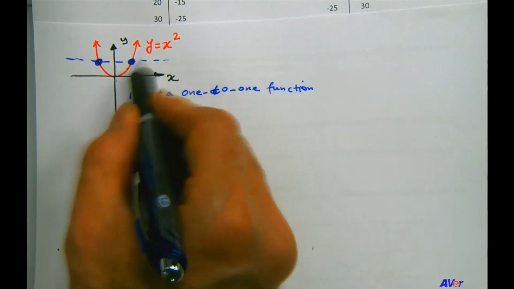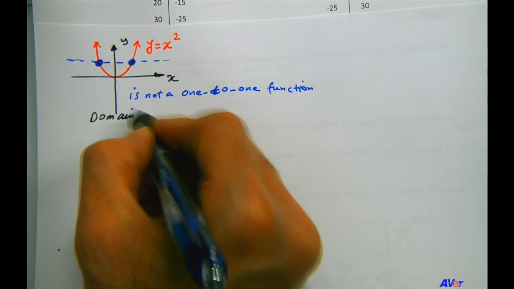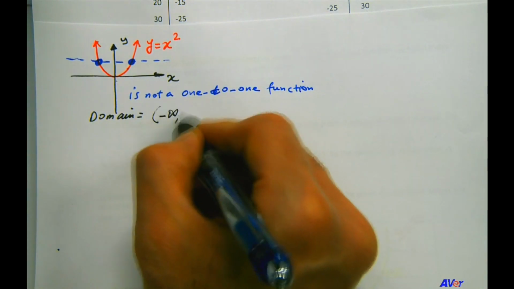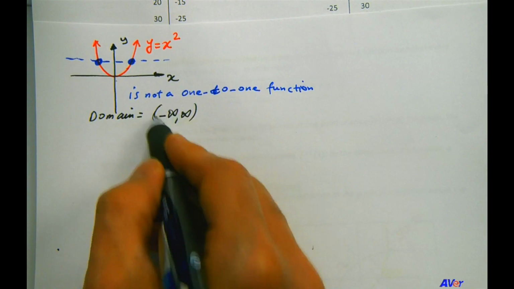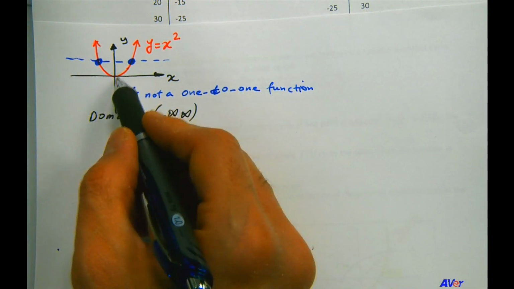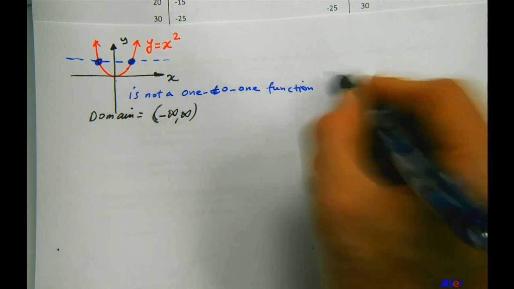What is the domain of the current one? The domain is equal to minus infinity to infinity, right? That's the domain of what you see. But can we restrict the domain such that the function does have an inverse? Yes, we can. This is how.